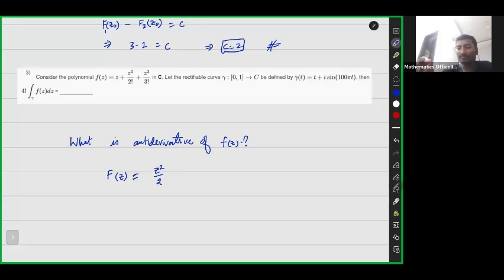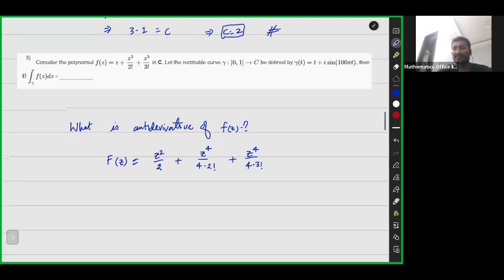Because when we take the derivative, z square by 2 becomes z, plus z cube by 2 factorial, whose derivative is... Z power 4 by 4 into 2 factorial. Fine. Again, z power 4 by 4 into 3 factorial. Any mistake till now? No?